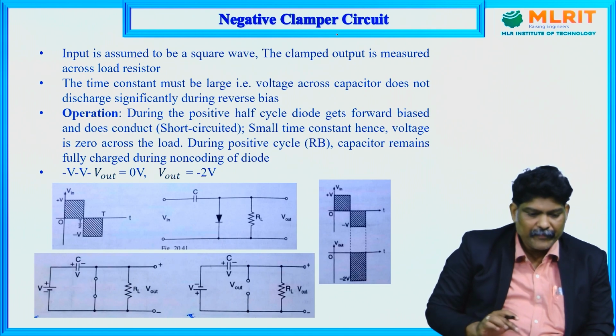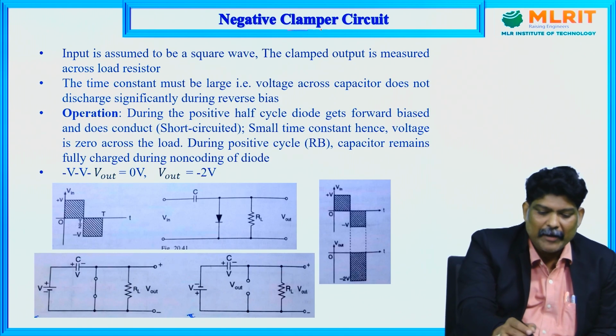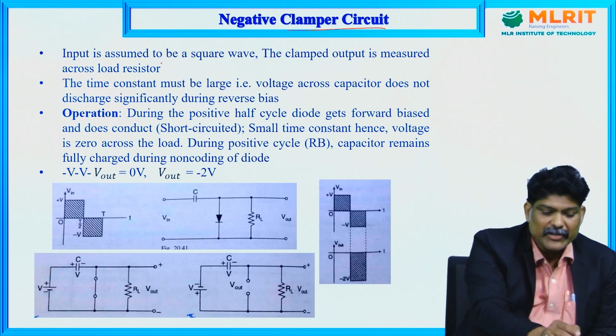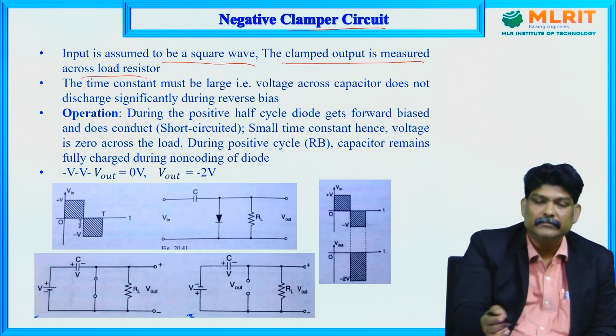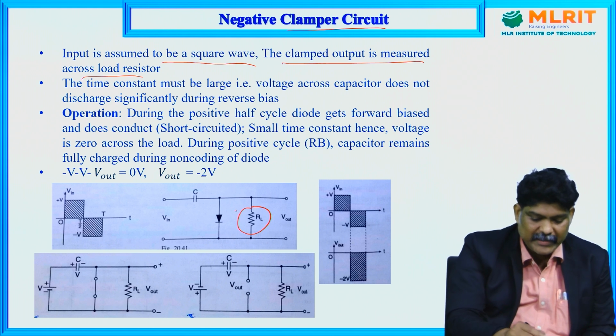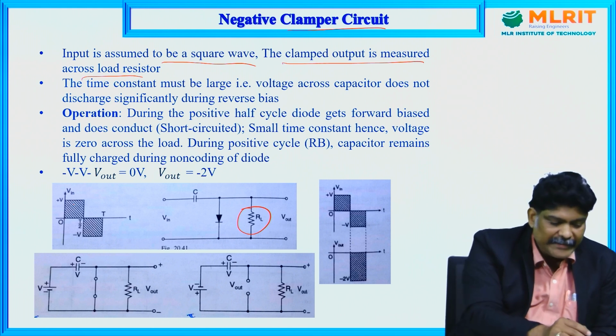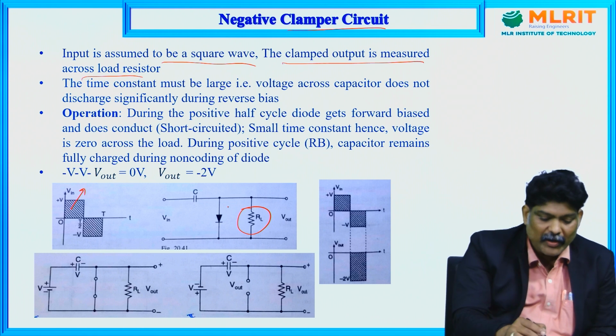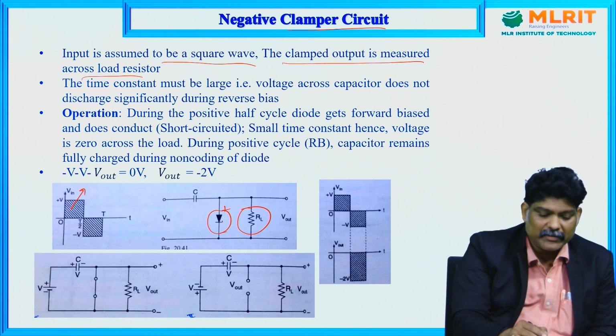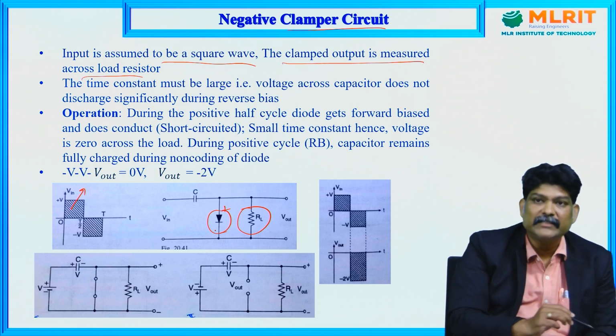Similarly, next one is the negative clamper circuit. So the input is assumed to be a square wave now and the clamped output is measured across the load resistor RL. In this, during the positive half cycle, what happens? During the positive half cycle, the diode gets forward bias, because in this case the diode is reversed.